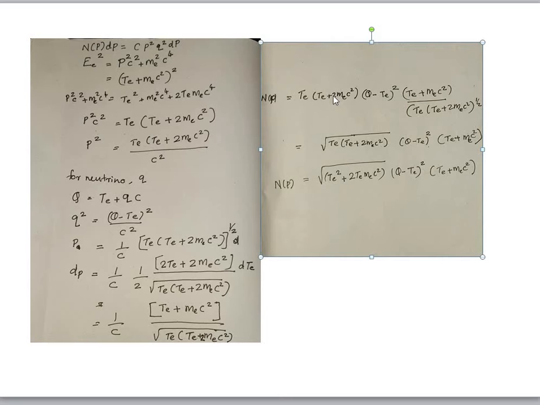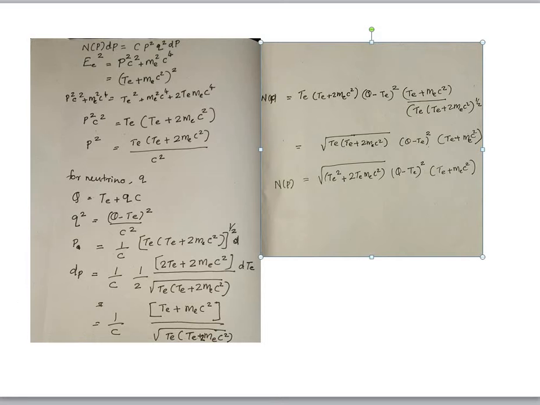So N(E) is given by the square root of T² + 2T m_e c² into (Q − T)² into (T + m_e c²).